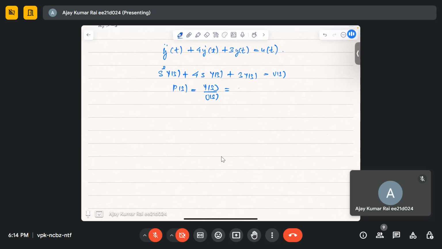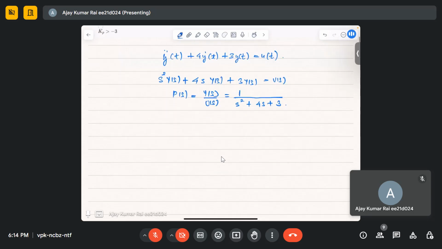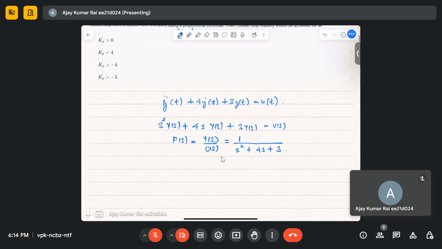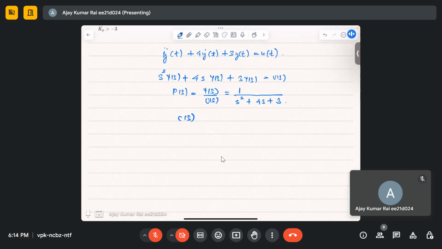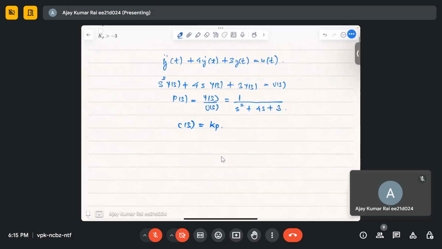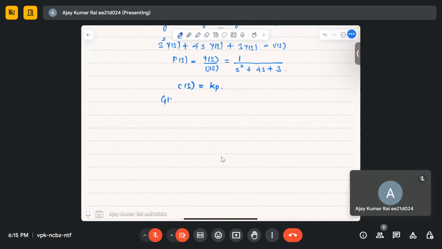So P(s) is equal to 1 by s square plus 4s plus 3. This is the plant transfer function. And what is C(s)? C(s) is Kp, the proportional controller. And what is G(s)?